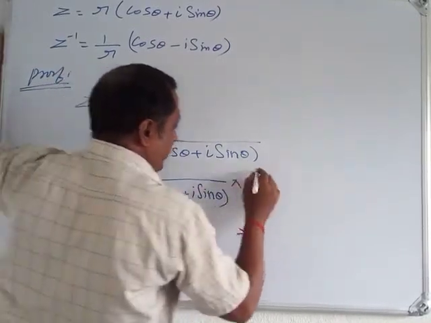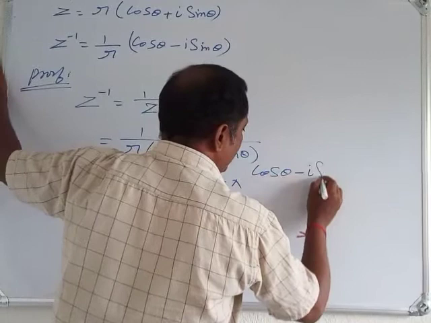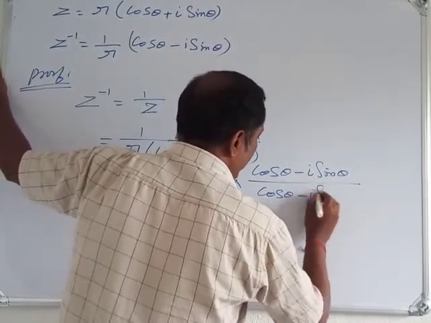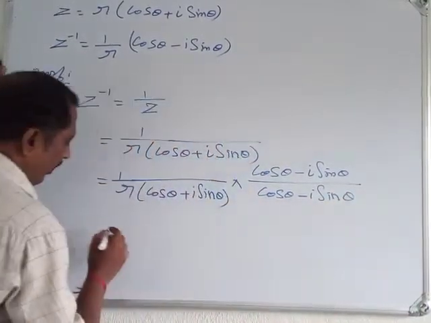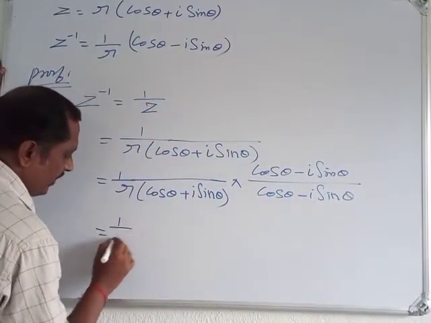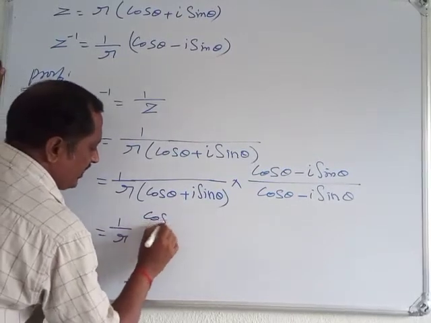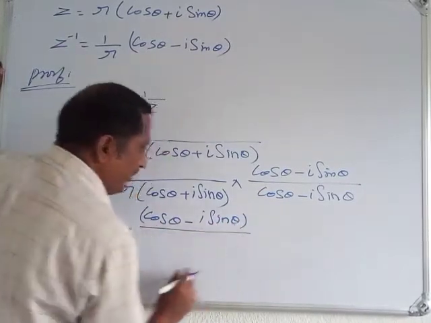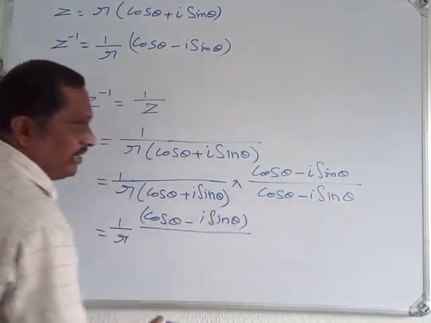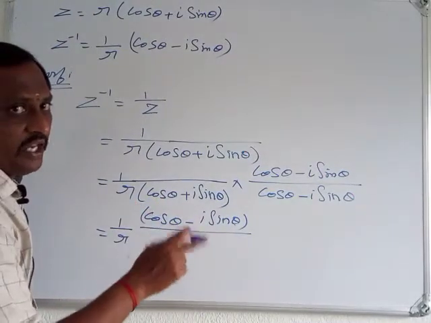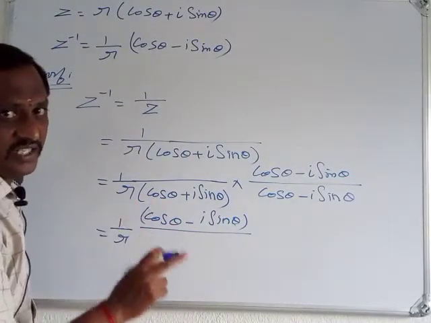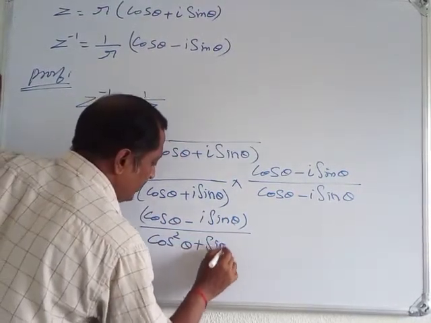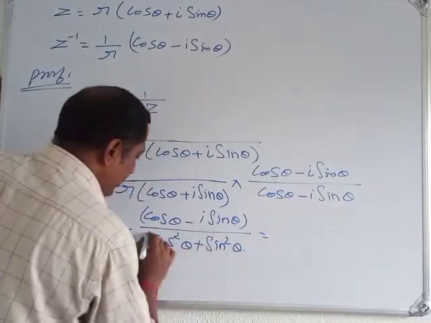So the conjugate of this part is cos theta minus i sin theta divided by cos theta minus i sin theta, which is equal to 1 by r into cos theta minus i sin theta divided by the denominator. In a complex number, a plus b into a minus b is a squared plus b squared. So cos squared theta plus sin squared theta, this value is equal to 1.